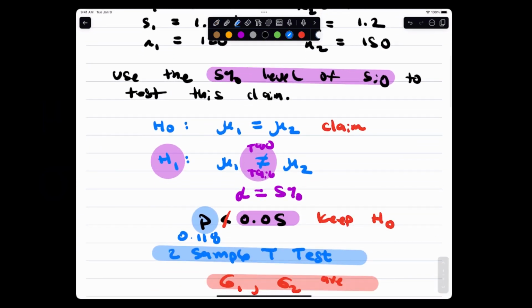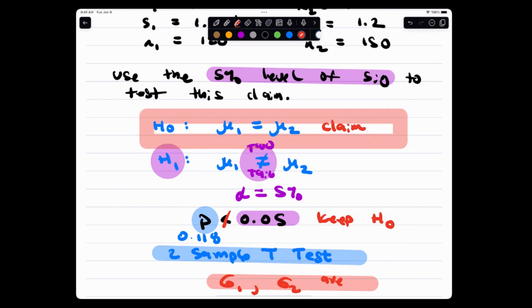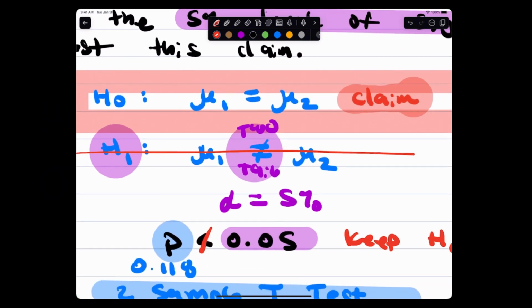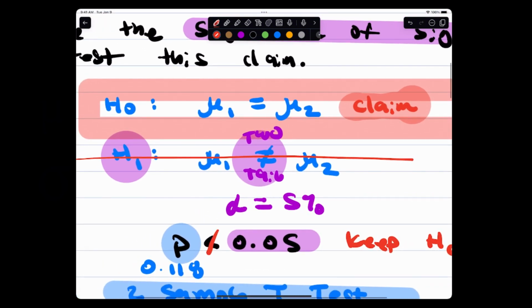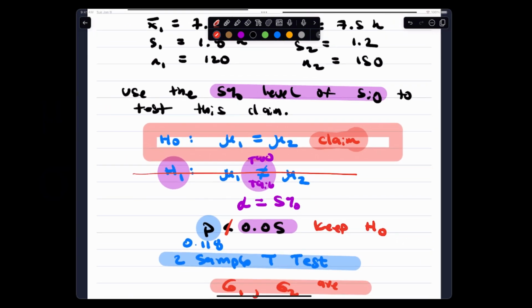And so when we keep the null here, what does that mean? We're keeping the null. Well, when you keep the null, you're getting rid of the alternate. So what does that mean in this case? Sample supports the claim. It means the means are the same. So it does mean that men and women get the same sleep.